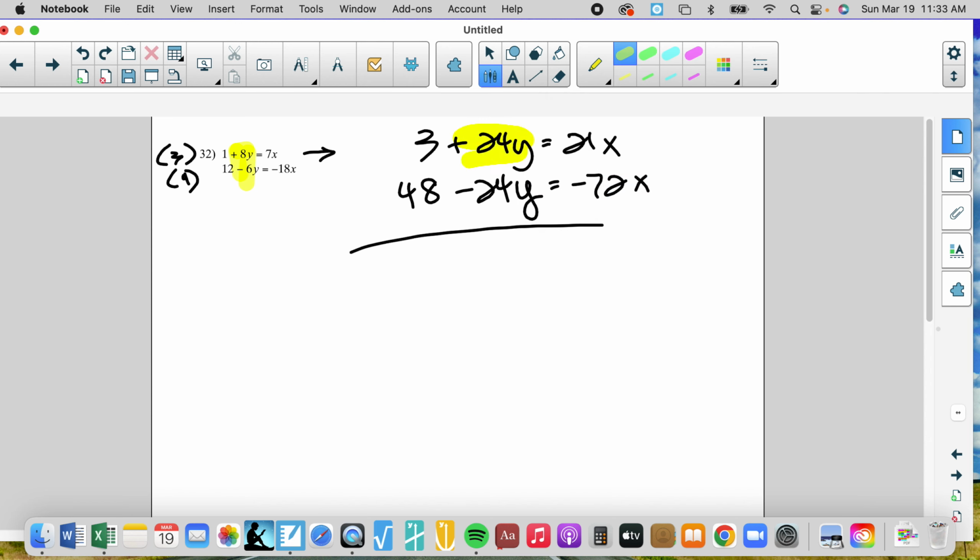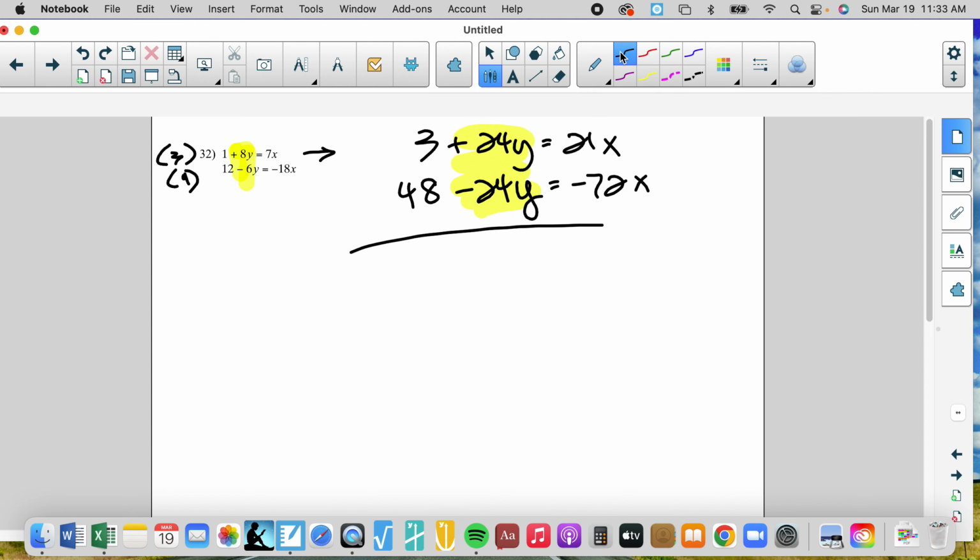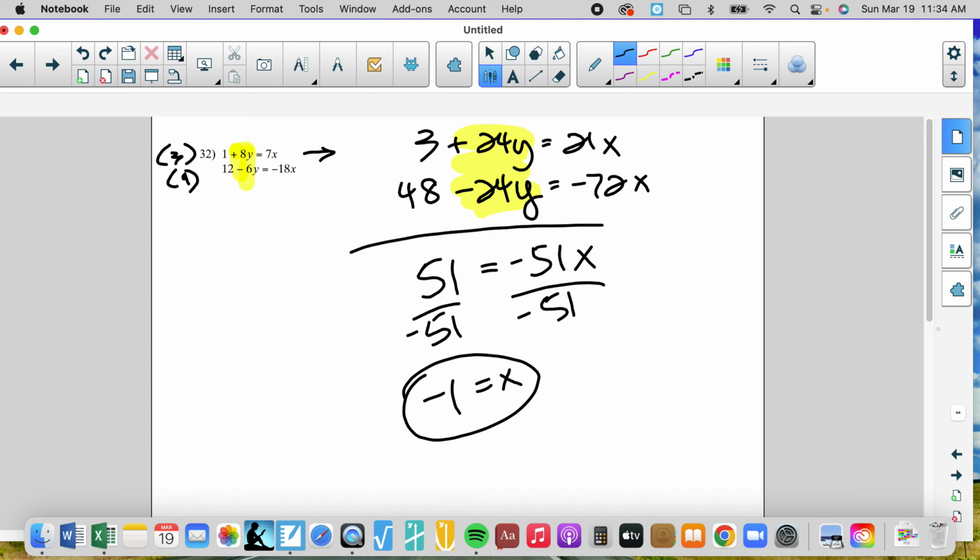My y's are going to cancel out. My constants give me 51 equals negative 72 plus 21, which is negative 51x. Divide by negative 51, negative 1 equals x.